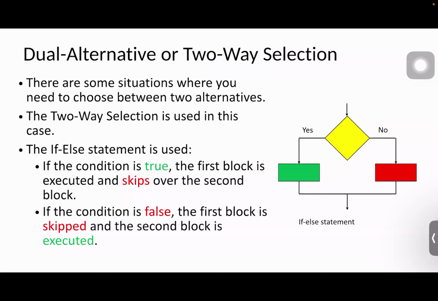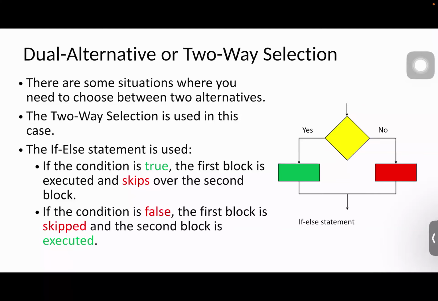We can also have the dual or the two-way selection statement. This one is also very simple. Someone will ask me a question: do we only do something when it is true? What if the thing we want to do is not true? The dual alternative selection statement takes care of that.